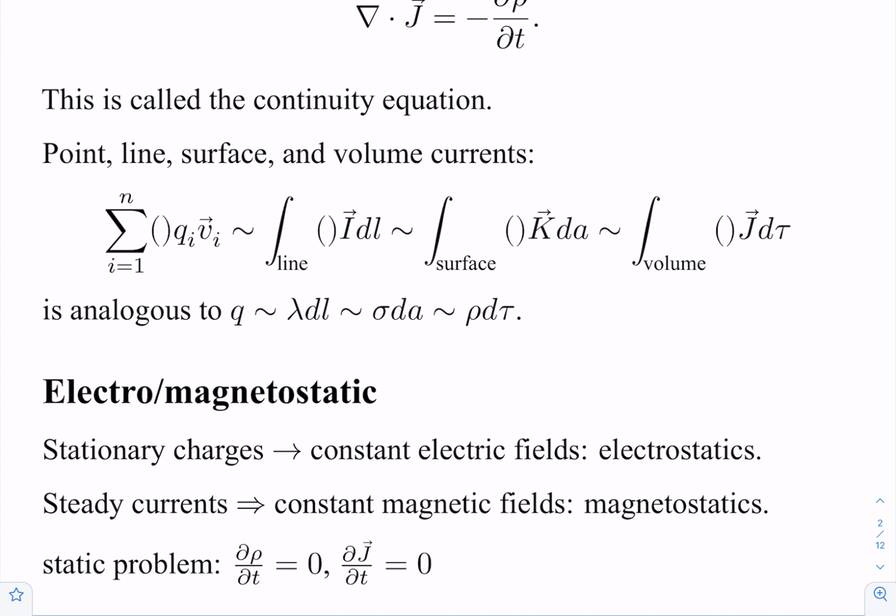And so this is exactly like what you see in the electrostatic problem, where this point charge can be related to the line, surface, or volume charge. It's exactly the same thing here, that you can simply rewrite this summation of Q into the integration of a line charge, a line current, or a surface current, or a volume current.